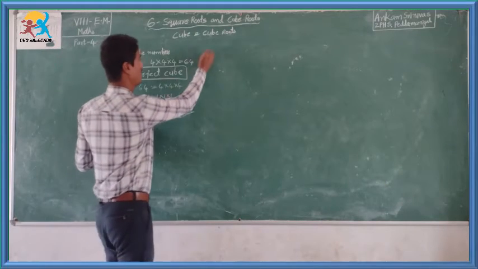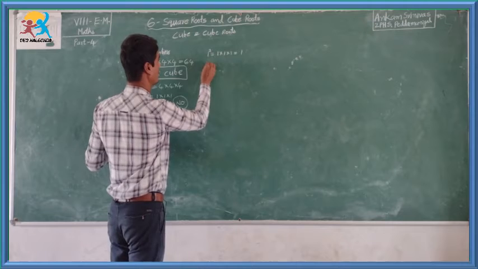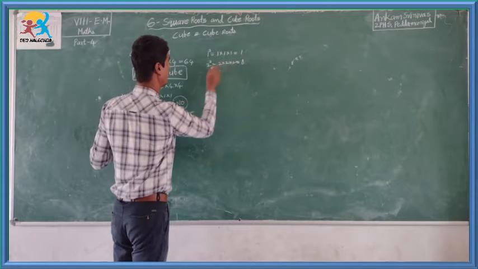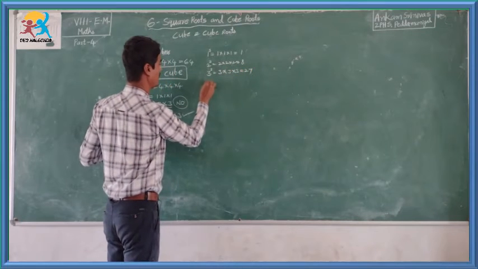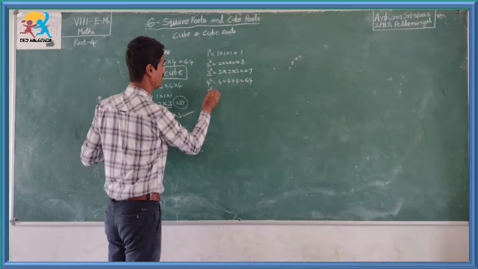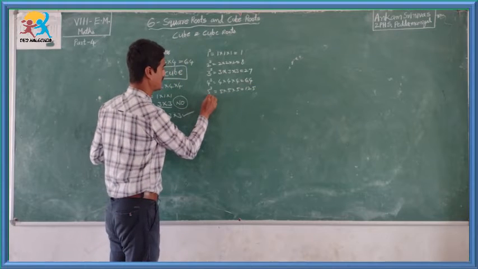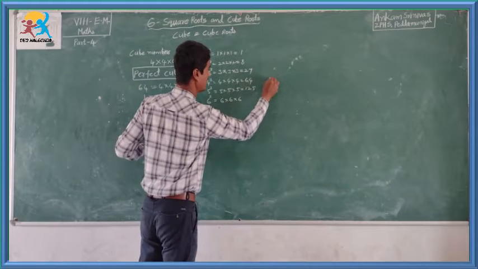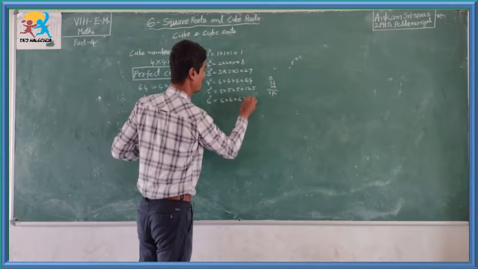Let's take some cubes. 1 cube is 1 into 1 into 1, we get 1. 2 cube, 2 into 2 into 2, 8. 3 cube, 3 into 3 into 3, 27. 4 cube, 4 into 4 into 4, 64. 5 cube, 5 into 5 into 5, we get 125. 6 cube, 6 into 6 into 6, 6 sixes are 36, 36 into 6 is 216.